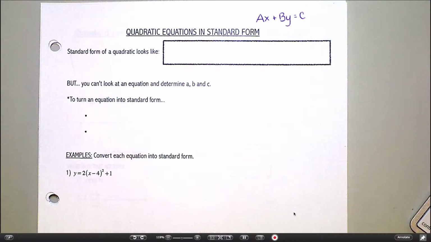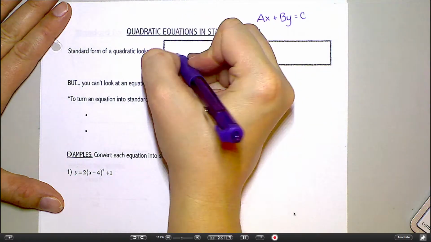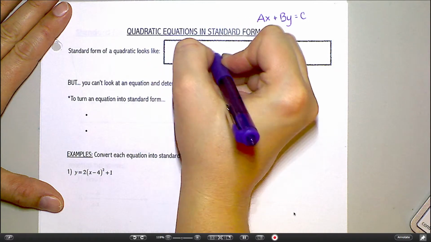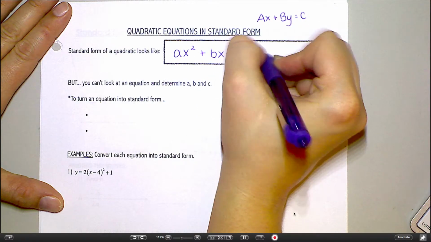So, okay, standard form of a quadratic looks like this: ax squared plus bx plus c equals 0.